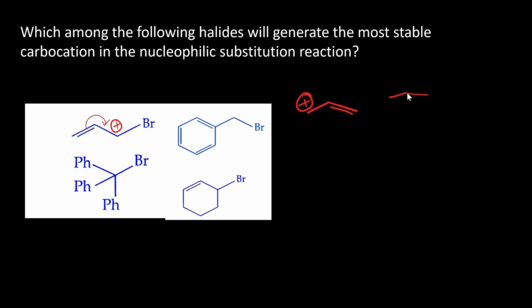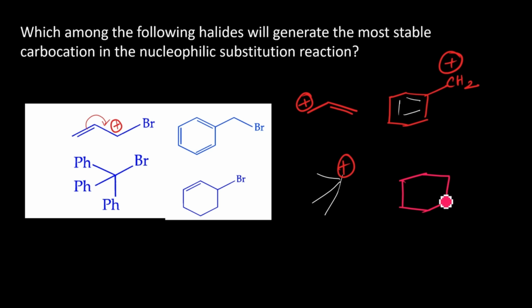Then here CH2 with plus charge. Again, this position I have phenyl group with Br. After Br left the compound, what will be remaining? Tertiary carbocation, right?